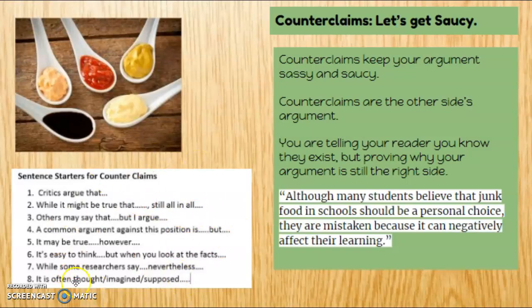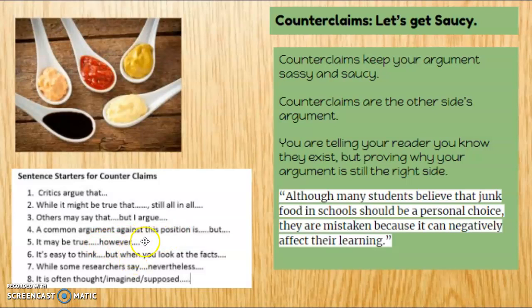And then these are some sentence starters. So we could even change this around. Instead of "critics argue," we could say students argue that junk food should be a personal choice. They are mistaken because it can negatively affect their learning. We could literally put the sentence into each one of these. It may be true, right here, number 5. It may be true students believe junk food in school should be a personal choice.